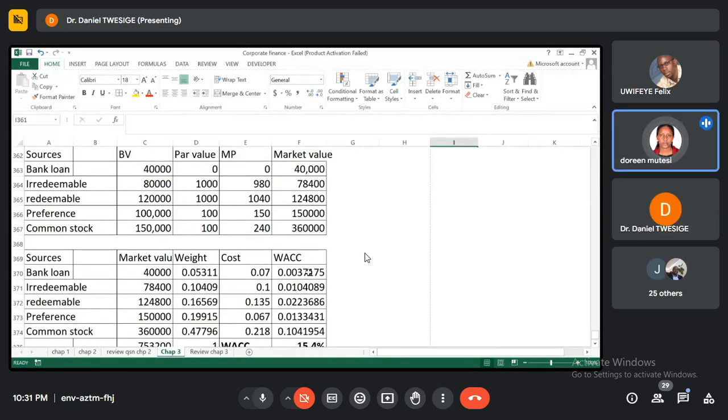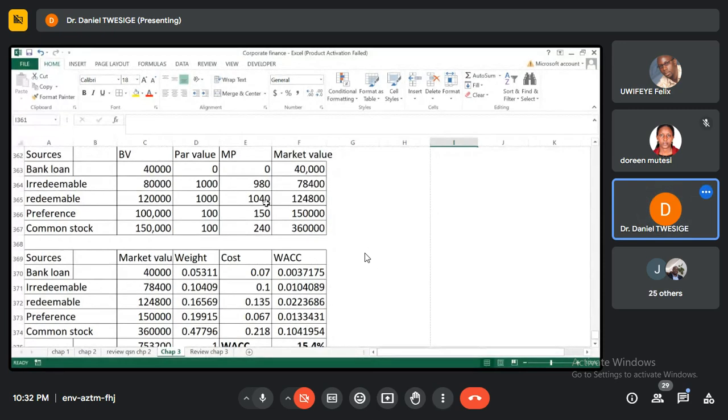Excuse me, sir. Where is this par value of 1,000 coming from for irredeemable and redeemable? I said, if you have a market value, automatically you can know the face value, even if the question has not given it to you.